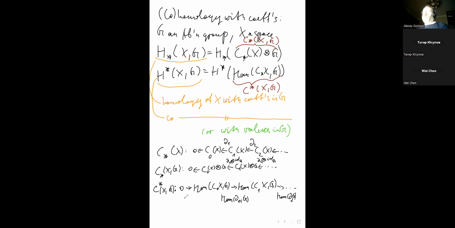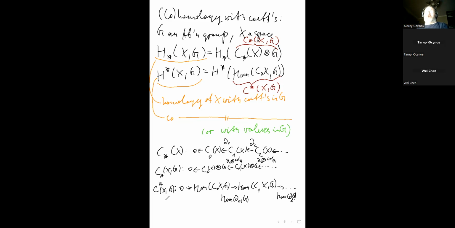So functors act not only on objects, they also act on morphisms, and here in the bottom line we apply the functor Hom to G to delta 1, delta 2, delta naught, and so on.